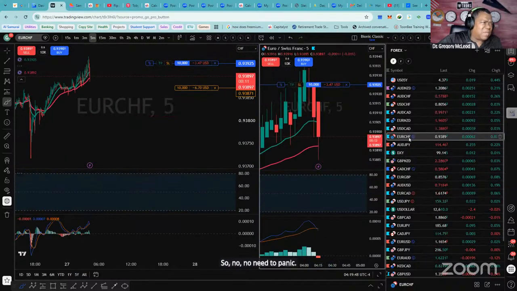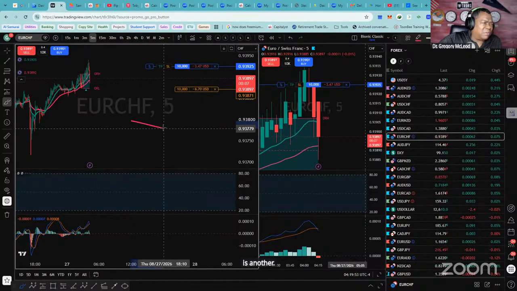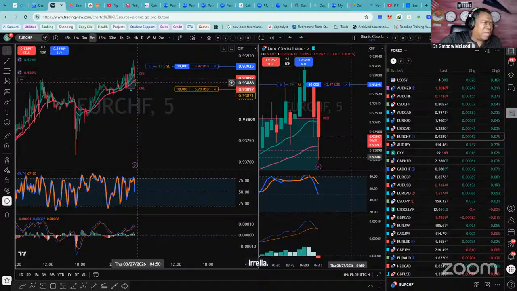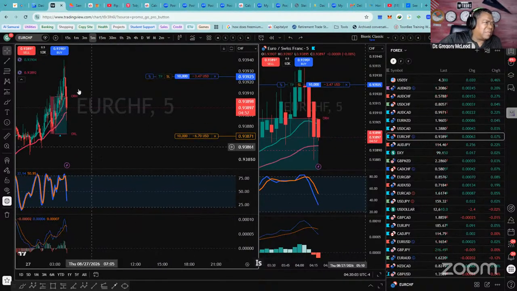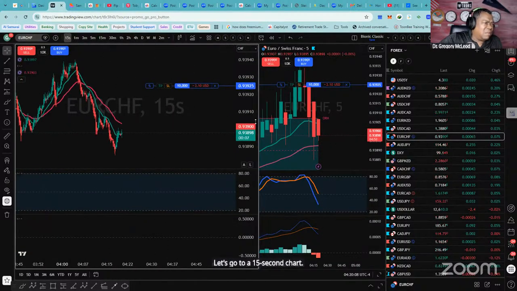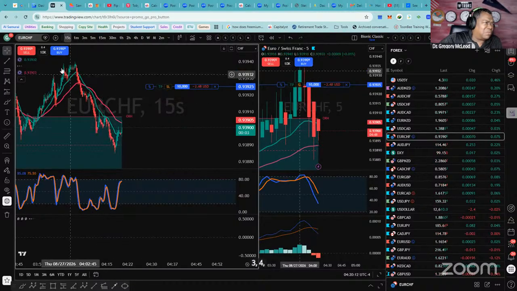Euro Swiss, on the other hand, is another example here, right? Uptrend, pullback. Is this value, right? Let's go to the 15-second chart. 3, 4, 5, A or 1, B or 2.